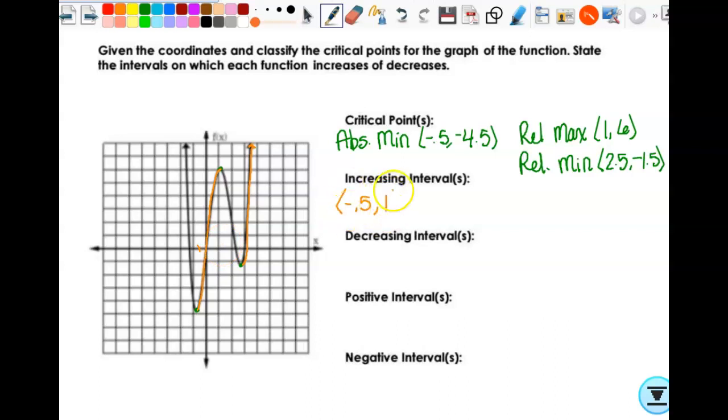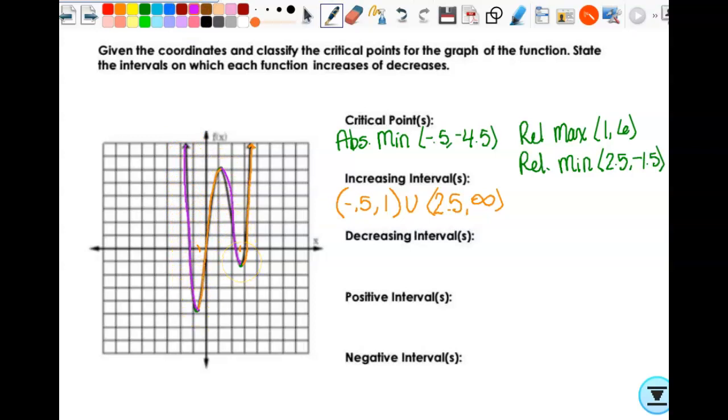Okay, they're both open, and that should be, remember curvy parentheses, my board just doesn't always like to cooperate there. There we go. And then I'm also increasing from, let's see, like 2.5 all the way to infinity. So I'm talking about y, I am writing about x, and then I have 2 intervals, I have to union them.